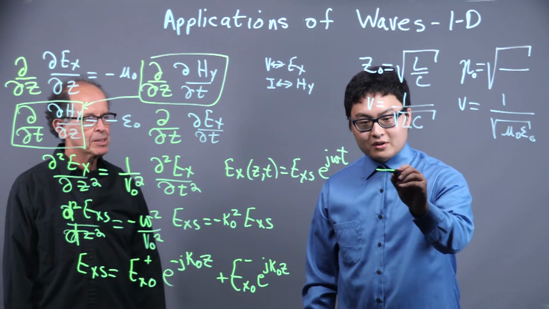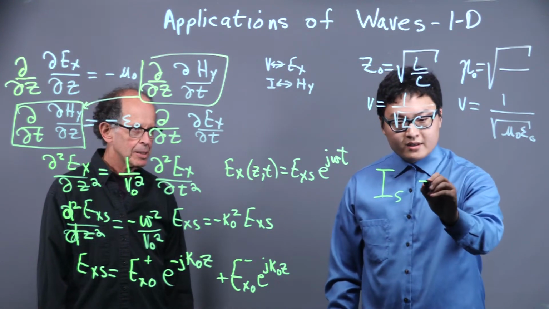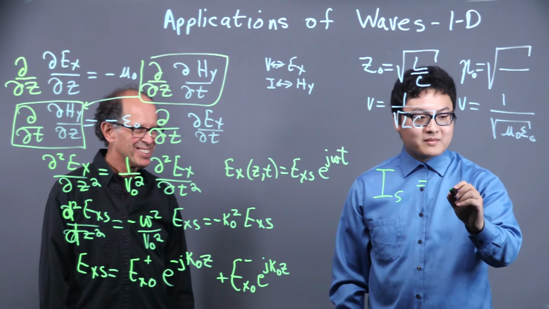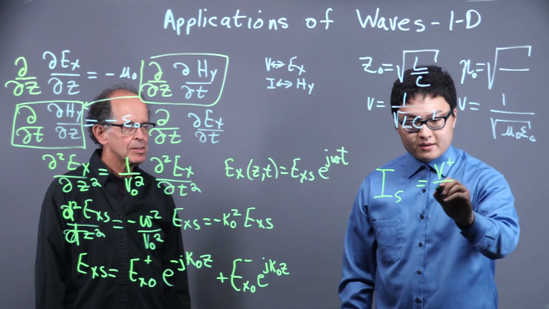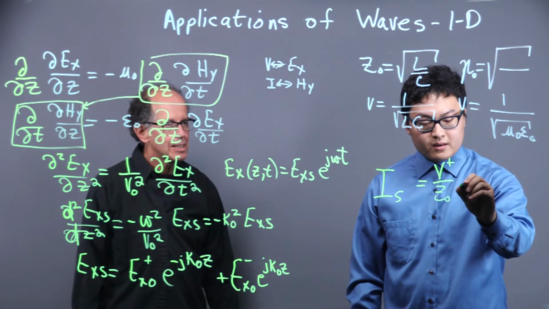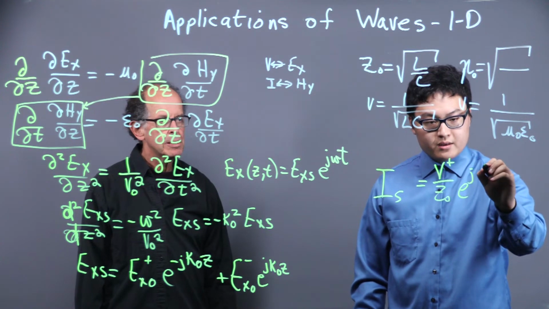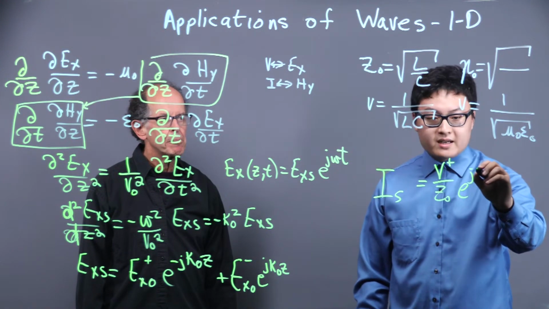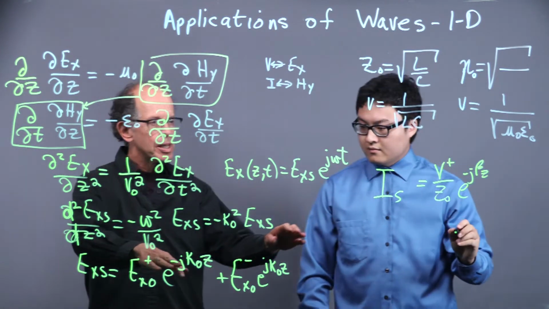So in transmission line, when you have the I phasor, you're going to run out of space. I am. I'll write small. V plus divided by Z naught, e to the minus j beta z. We use beta instead of k.